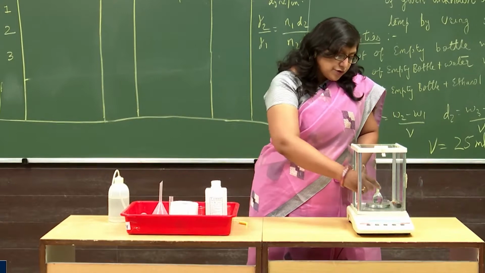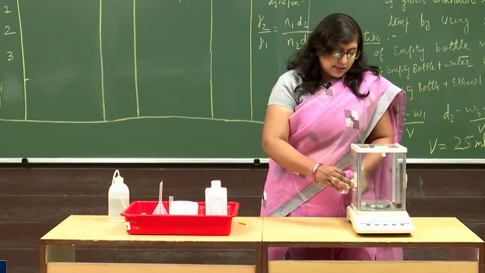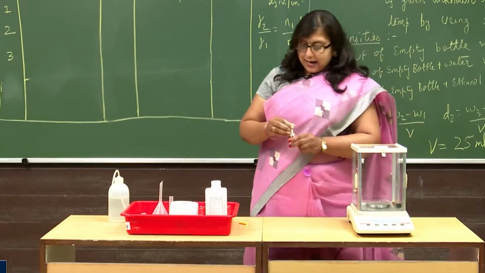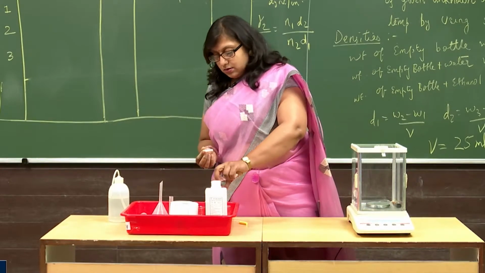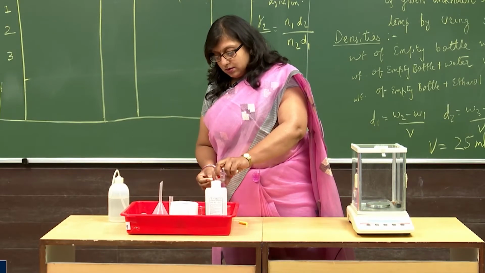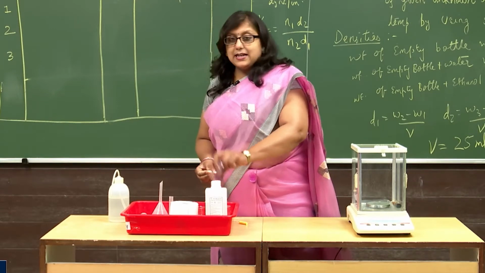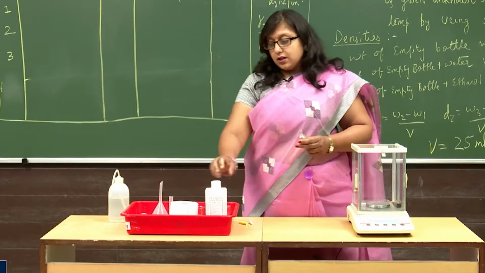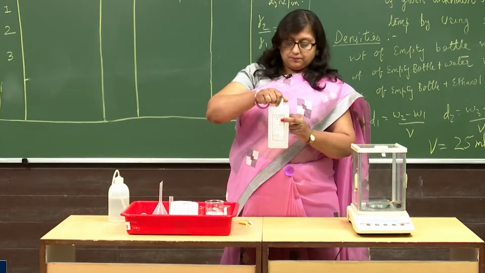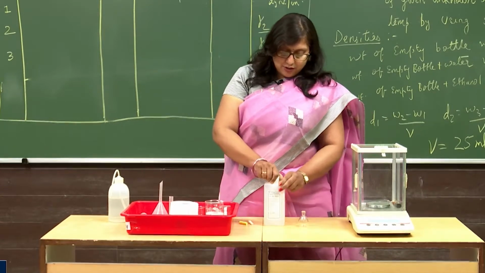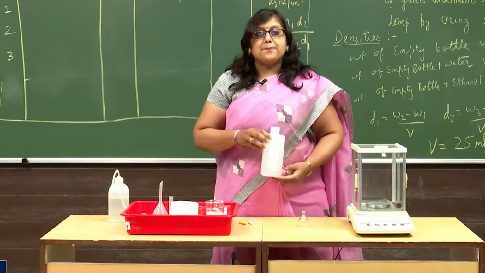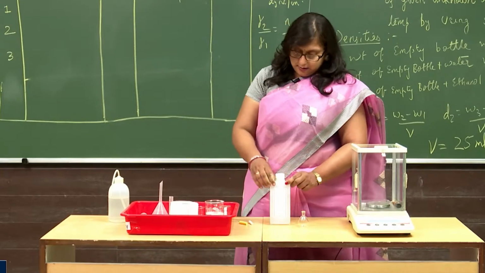Now I am going to remove this water and again fill this density bottle with ethanol, which is the unknown solution. This is absolute ethanol we are going to take.